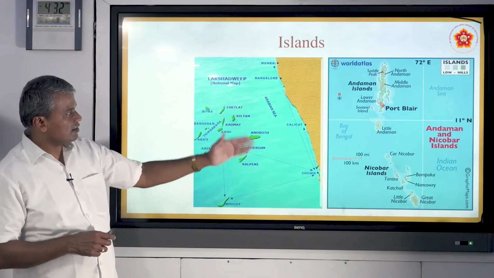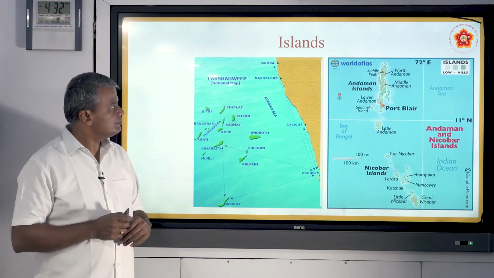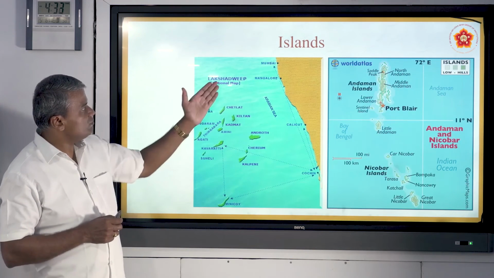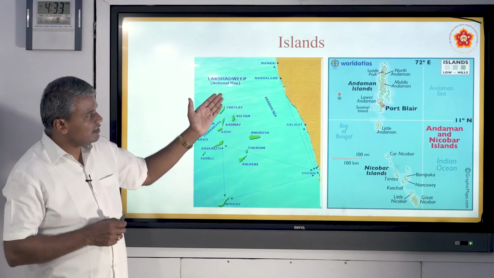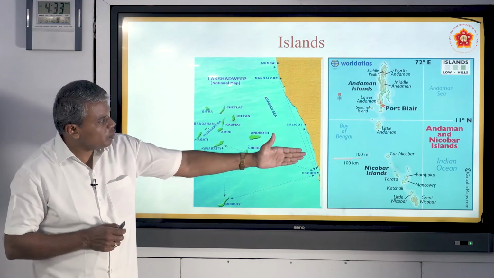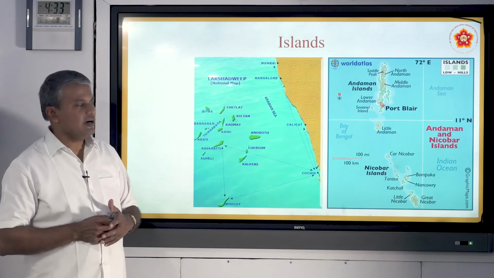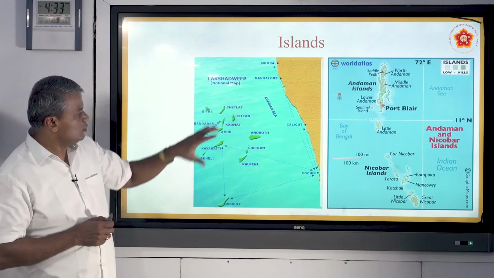You can look at this picture. Lakshadweep islands in the Arabian Sea and Andaman Nicobar Islands in the Bay of Bengal. See, group of islands.